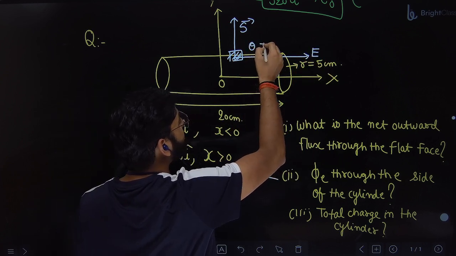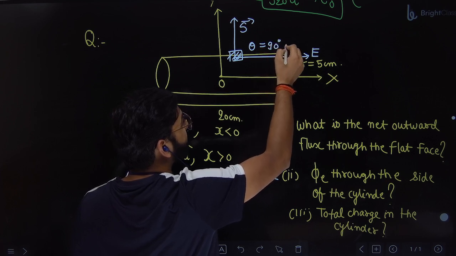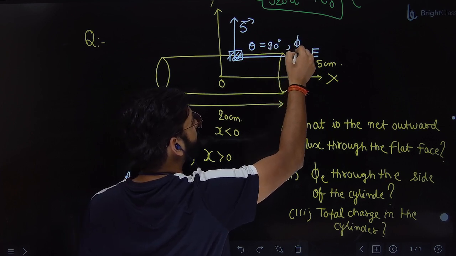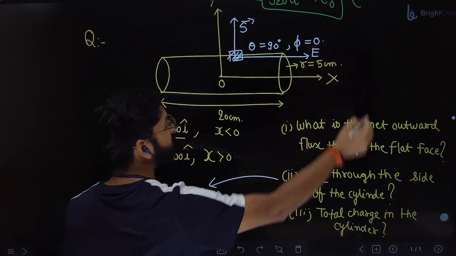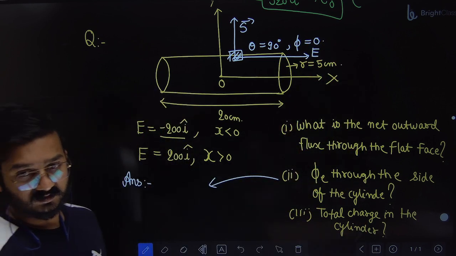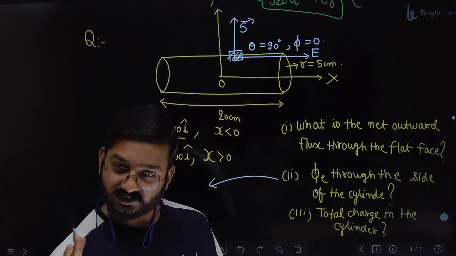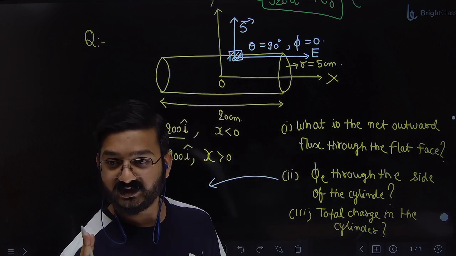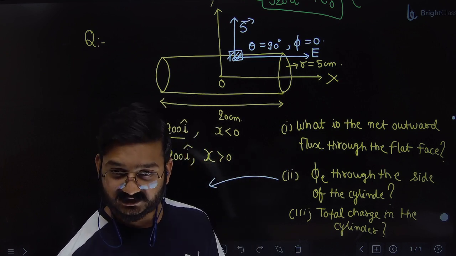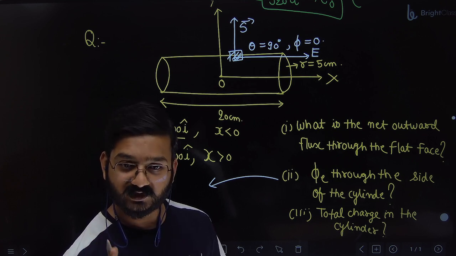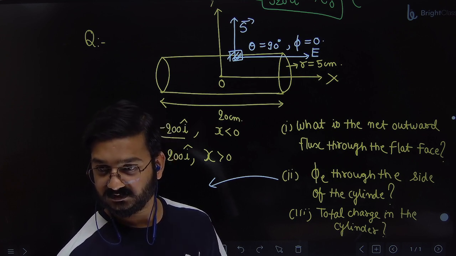So the angle is 90, cos 90 is 0, therefore the flux due to this will be 0. In the exam, don't directly write 0, they will give you 0 marks. Write down the explanation: since the angle is 90, cos 90 is 0, so flux will be 0.